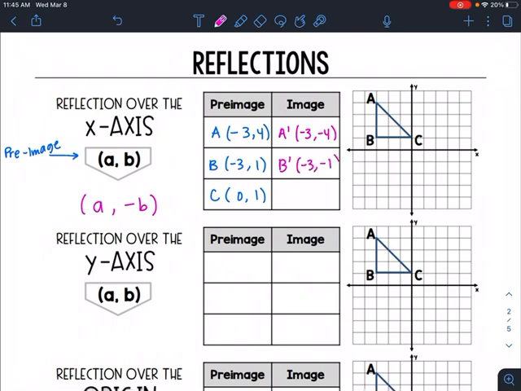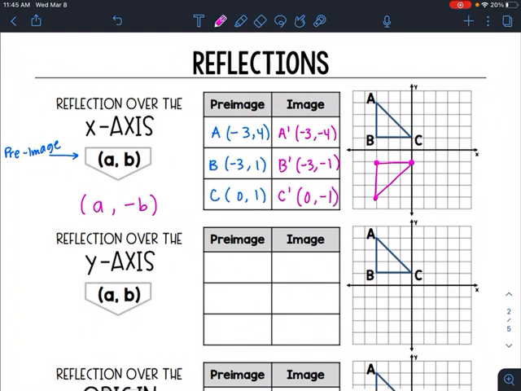So A prime is (-3, -4), B prime is (-3, -1), and C prime is going to be (0, -1). Okay, so if I plot these points, I should get (-3, -4), B, and then C right here.